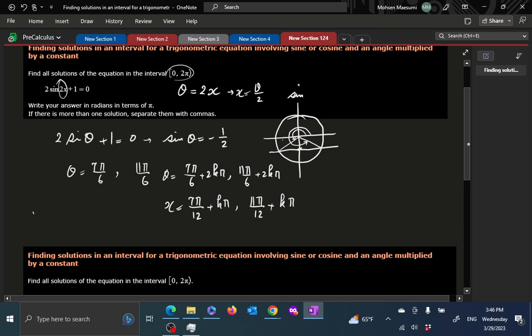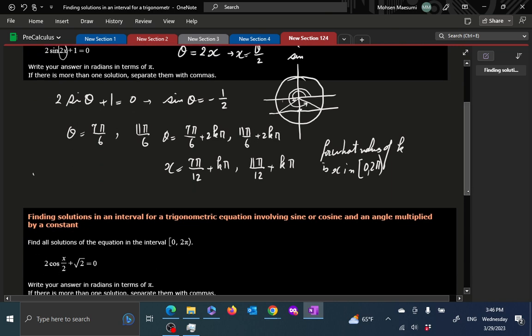Now the main question is for what values of k is x in the interval from 0 to 2 pi. So really we have to solve an inequality there to get the answer, but let's just do trial and error now.